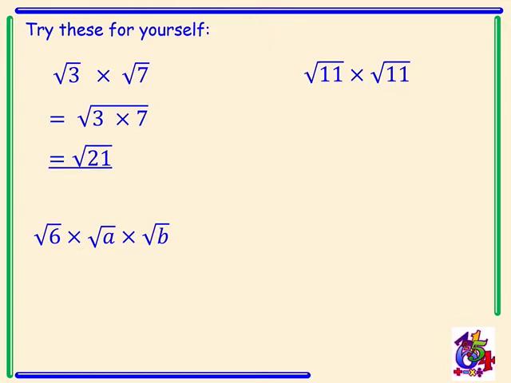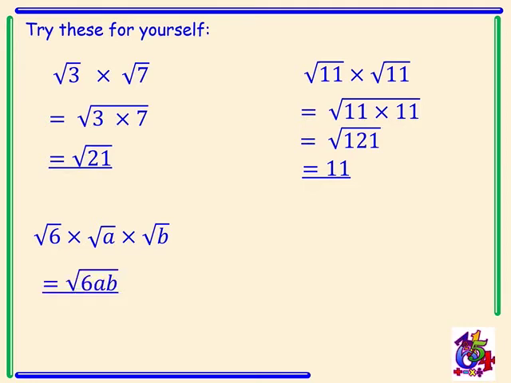The next example here can be rewritten as the square root of 11 times 11, and 11 elevens are 121, but that can be simplified: the square root of 121 is 11. And finally, root 6 times root A times root B can be rewritten as the square root of 6AB.